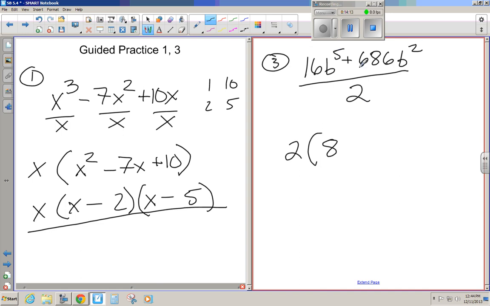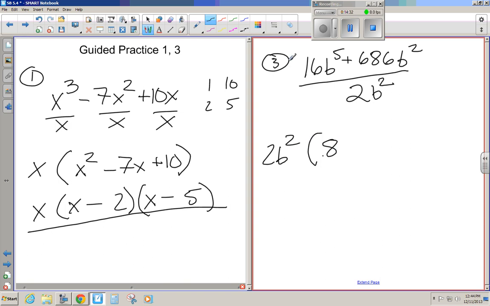We also need to look at the fact that here's a b to the 5th and a b to the 2nd. So if we divide by b to the 2nd, we end up with 2b squared outside.